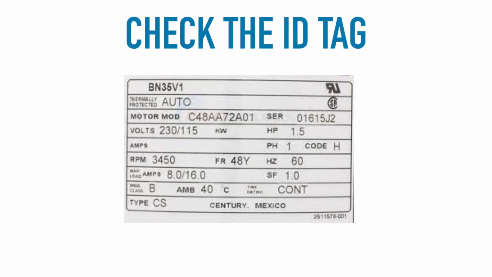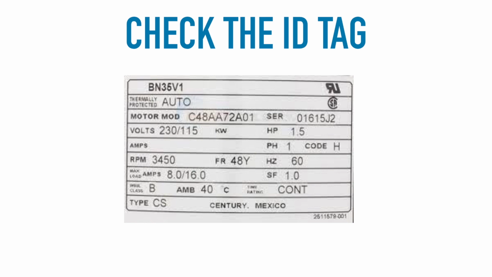One of the big things that I also want you to do when you get back to your property is make sure that you're taking a photo of the ID tag on that motor itself. This ID tag is really important because when you need to replace that motor, this is the information that you're going to need to give to that pool supplier in order for them to give you the right size motor.